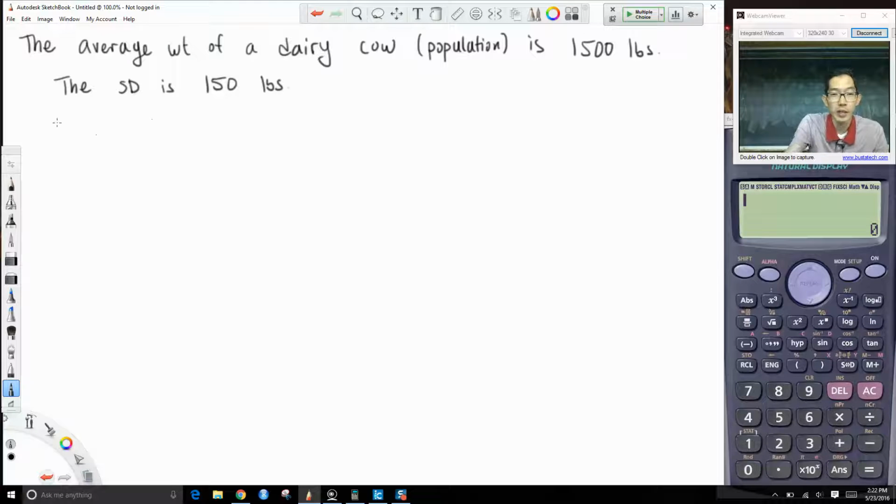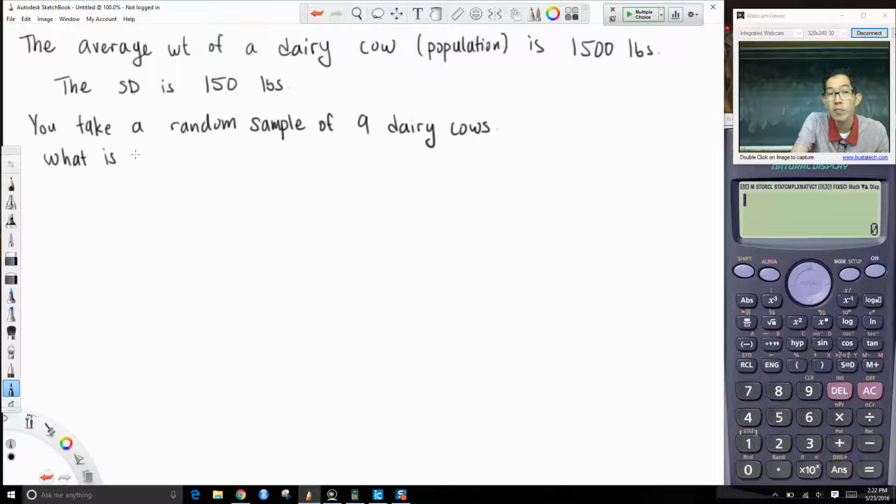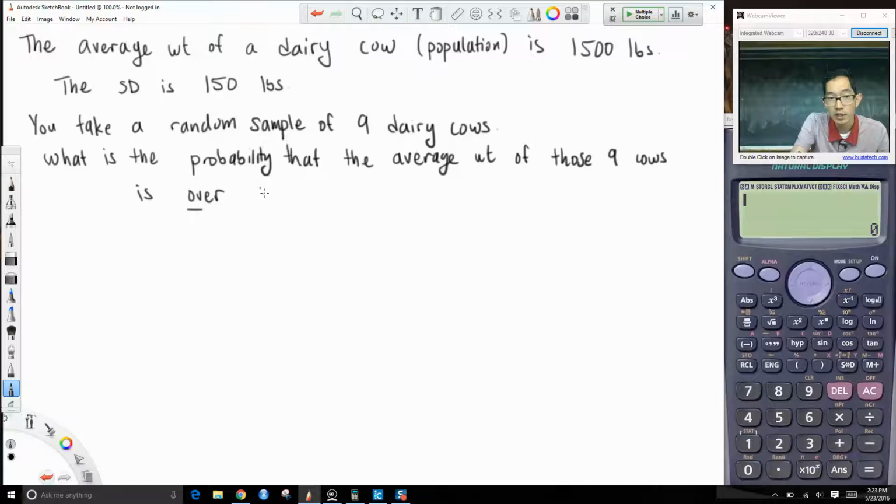Okay, and now I'm going to ask a question here. You take a random sample of 9 dairy cows. What is the probability that the average weight of those 9 cows is over 1,600 pounds?